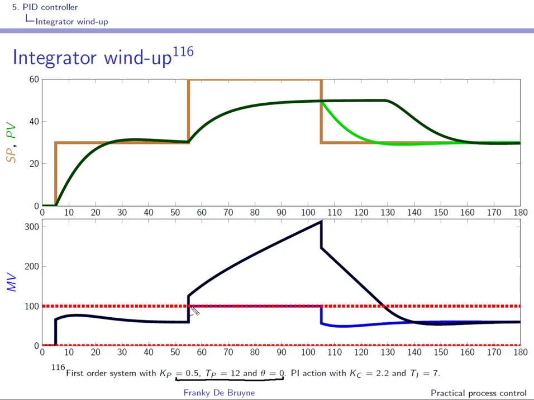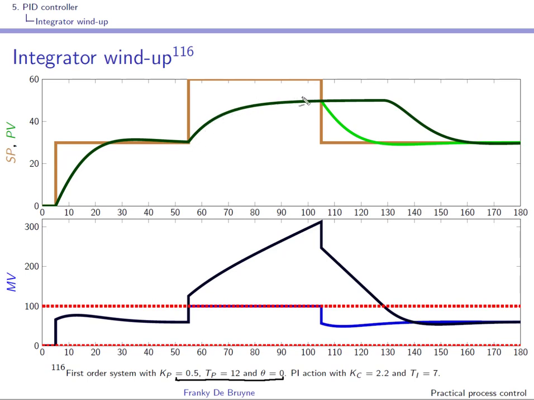It limits MV to 100 and it makes sure that there is no wind up of the integral action, right? And this other controller imposes a proportional kick that goes above the limitation, but in practice, of course, this limitation is physically present on the physical process, so the valve will not open more than 100%, and this is why the two responses are of course identical.